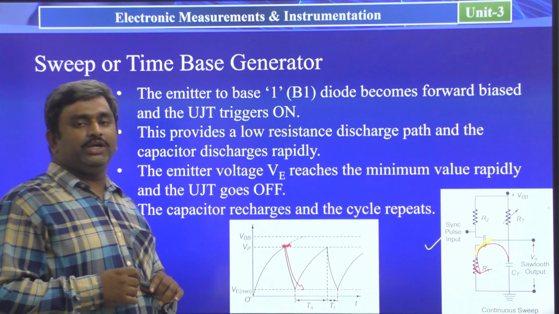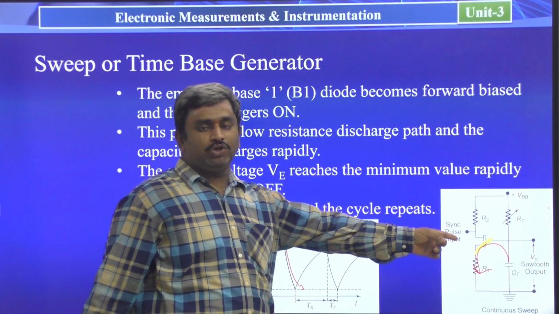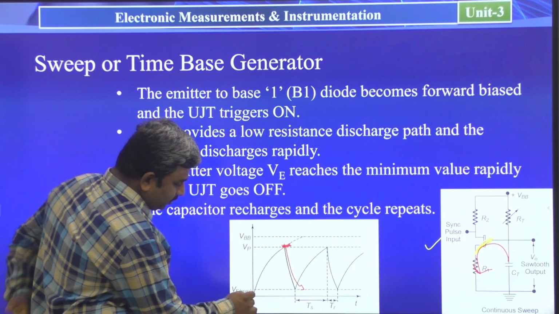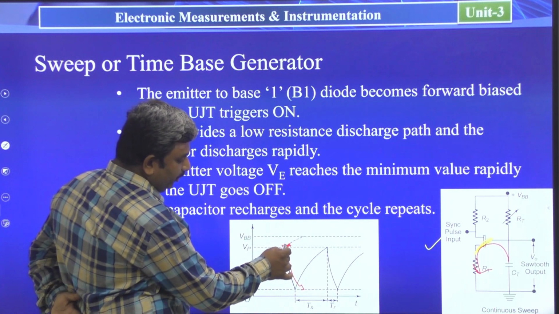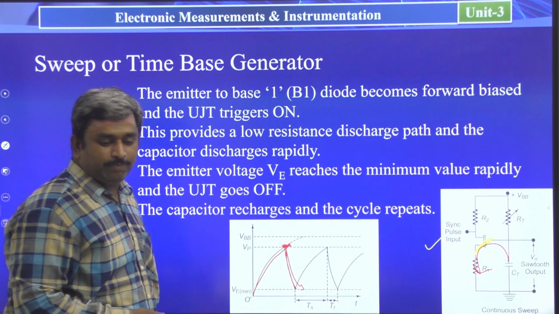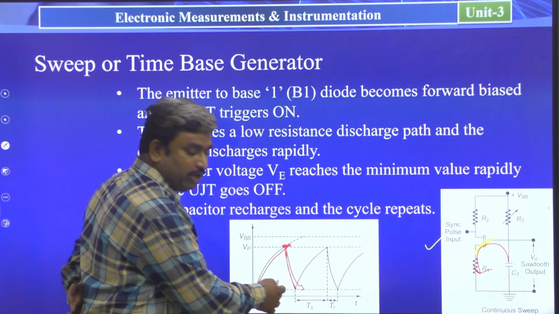Whenever the UJT comes to the off position, the capacitor begins charging again. Here the capacitor is charged up to the peak voltage, then the UJT is on and the signal discharges.